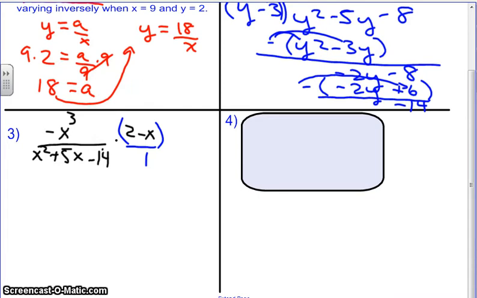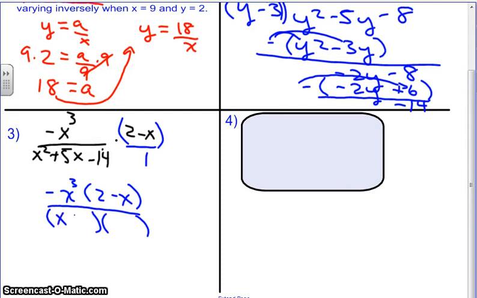Okay, so really we can just take the entire, with multiplication, you simply multiply the numerators and you multiply the denominator. So we have negative 8x cubed, negative x cubed, and then we have this 2 minus x. I'm not going to bother distributing right now because we want to see if we have common factors in the numerator and denominator, right? So who has the factors of the denominator?